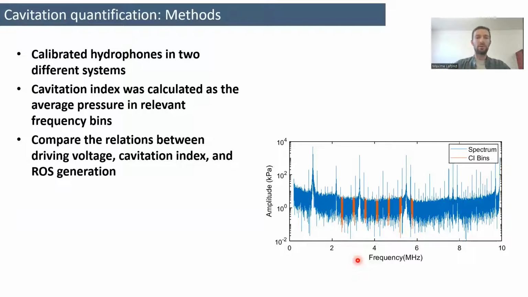Our cavitation quantification method relies on calibrated hydrophones, and the way we test our method is using 2 systems that are geometrically identical, but all the measurement and amplification chain are different.